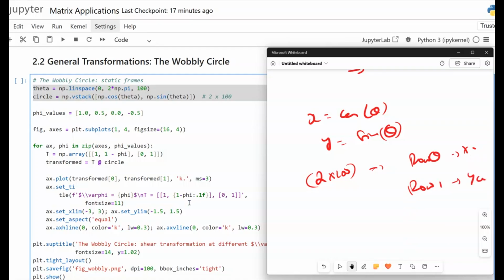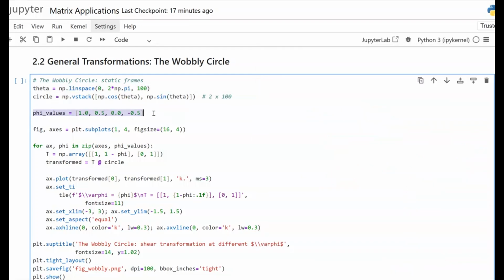This is the exact parameterized shear transformation, where each value of pi defines a different transformation matrix, and that is specified here.